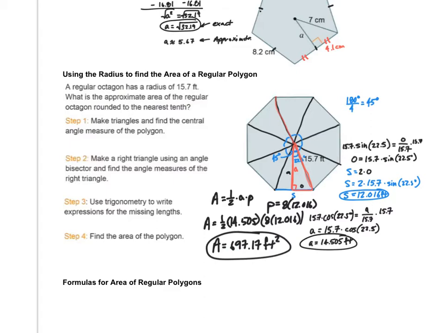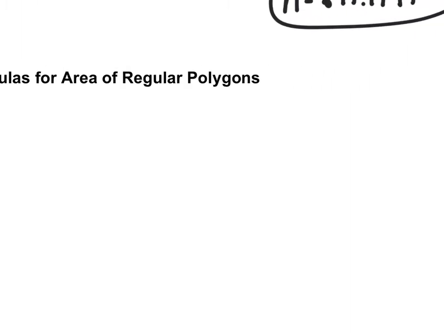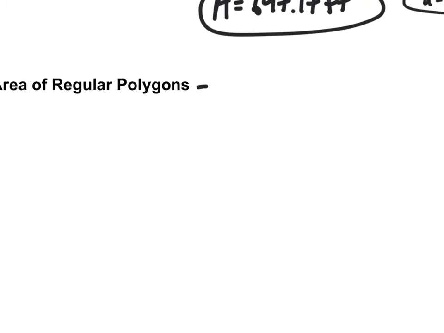All right, so let's talk about some formulas for regular polygons. These formulas are used when you are given only one length of the polygon.